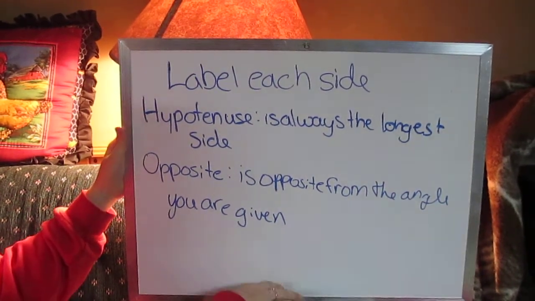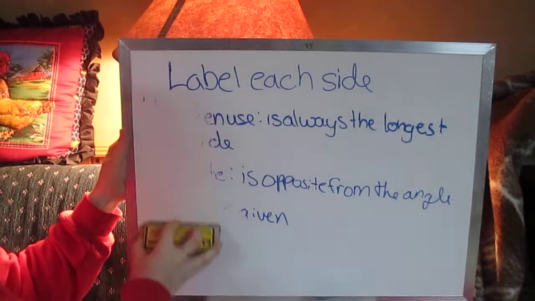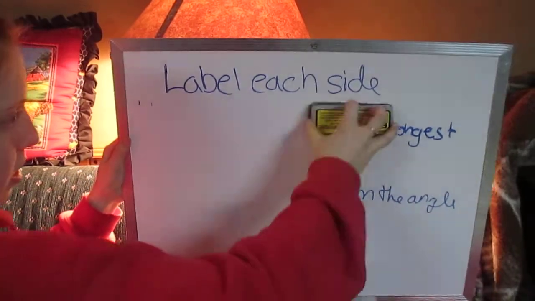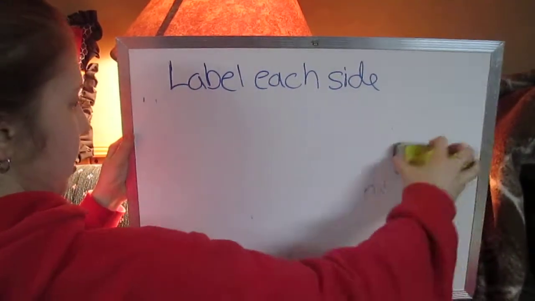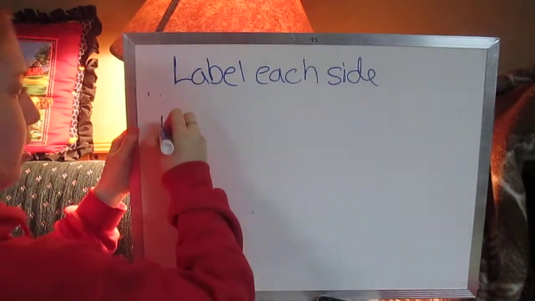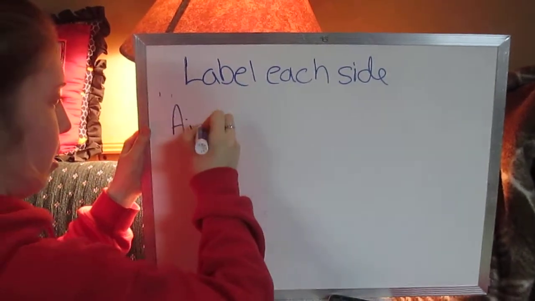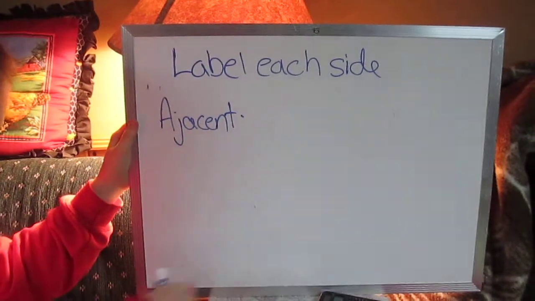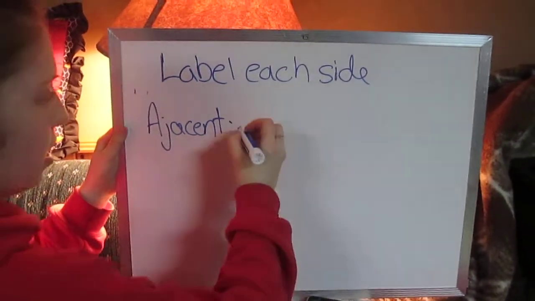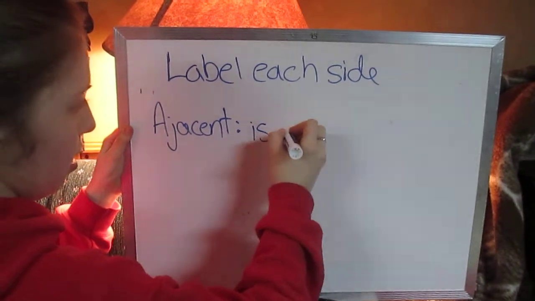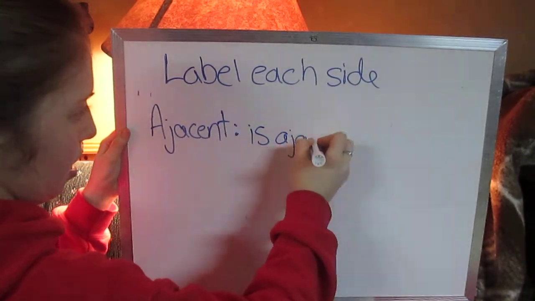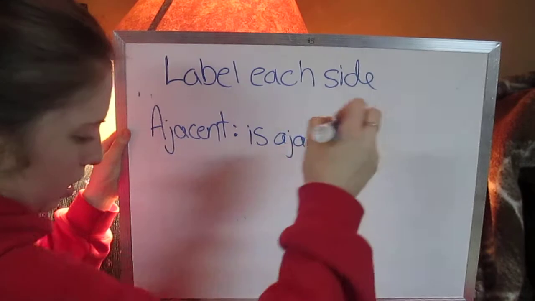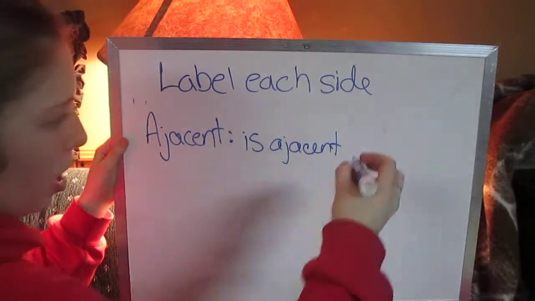And now, lastly, adjacent is adjacent to the angle, next to the hypotenuse.